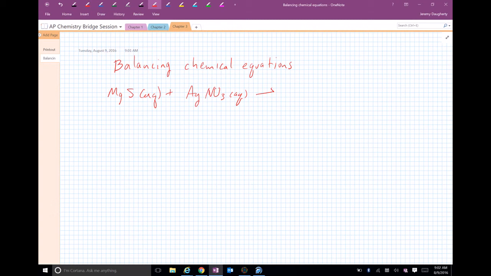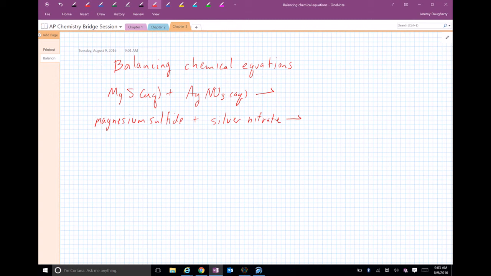So let's name these as well. I've got magnesium sulfide, then I've got silver nitrate, so those are my reactants. Now I want to be able to predict the products.